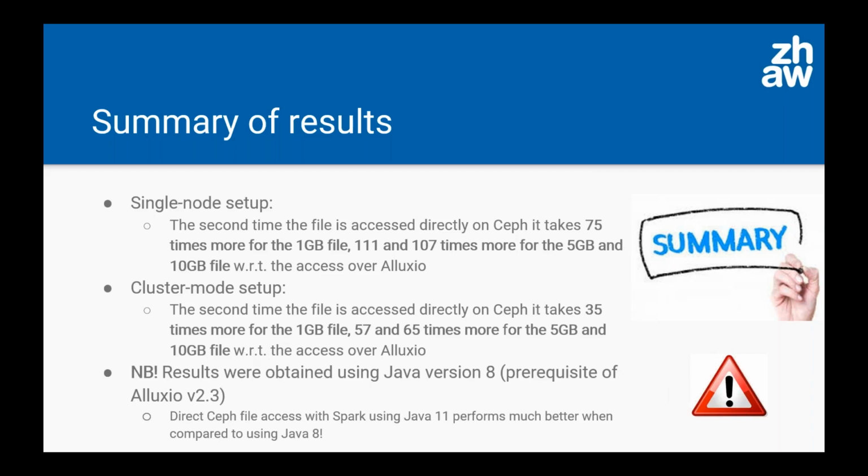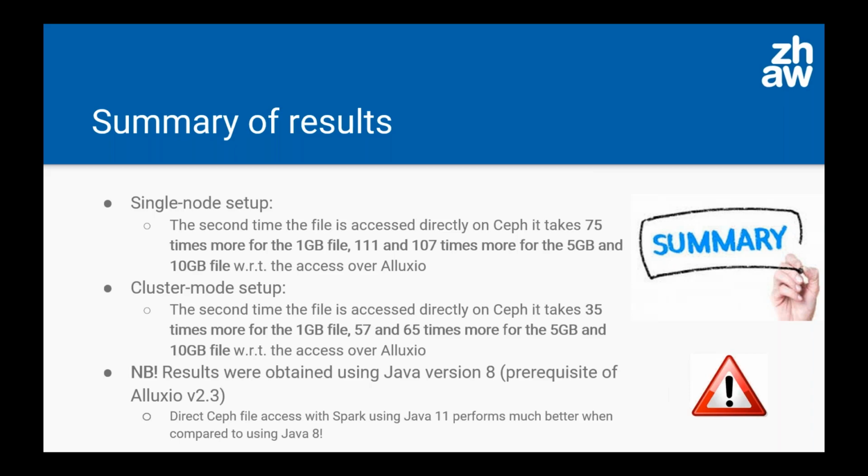Everything looked very nice, everything looked very good, but then more or less by chance we found out something worth mentioning here, the last bullet point on this slide. All the results we showed so far were obtained using Java version 8, and this was done because it was a prerequisite of Alluxio version 2.3.